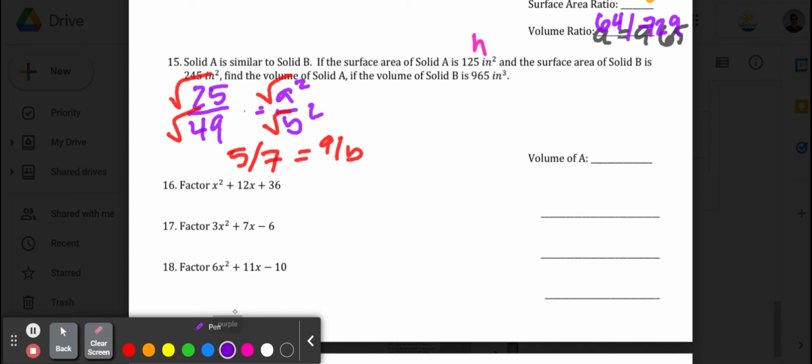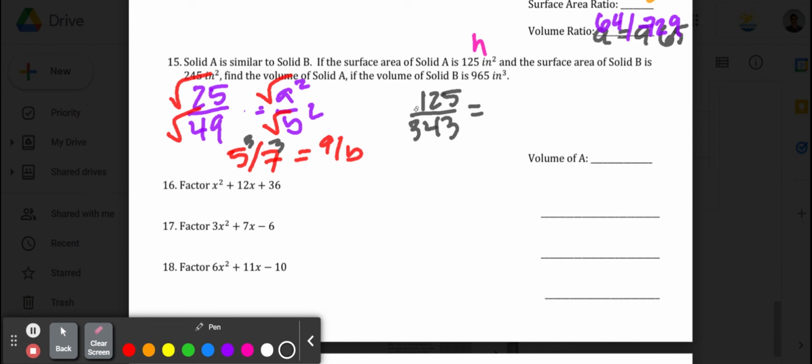And then I have to cube it to get my volume ratio. Okay, and so 5 cubed is 125. And 7 cubed is 343. So with my volume ratios, I can set up my volume proportion.